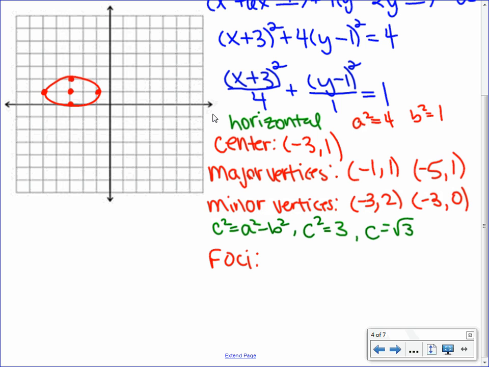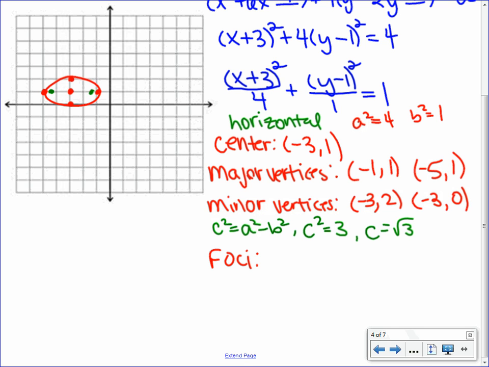Now, approximately, what is the square root of 3? Let me do it in the calculator. It's going to be closer to 2 than it is to 1. 1.7? Yeah. So we'll plot them about right here.